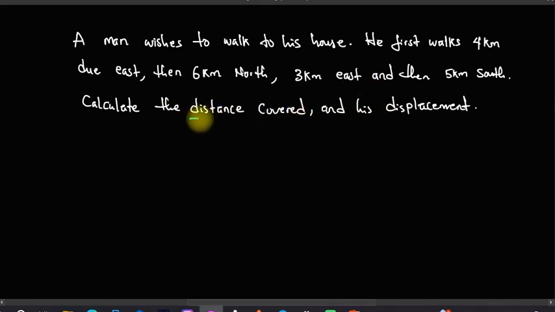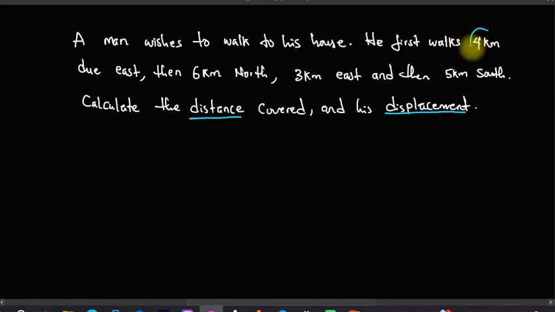So these are two different things, distance and displacement. Remember, distance is a scalar quantity, no particular direction, just how much ground covered. And displacement is a vector quantity, has both magnitude and direction. To get the distance covered, all we have to do is add up the total ground covered.